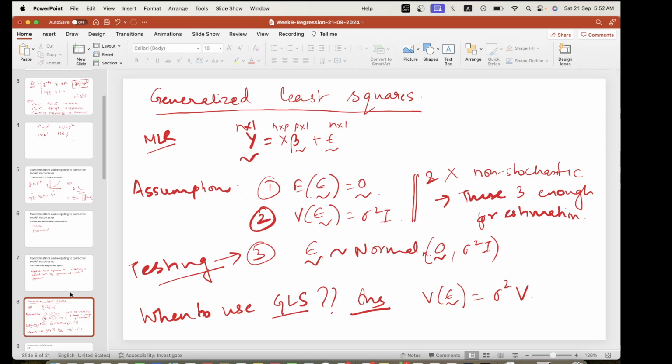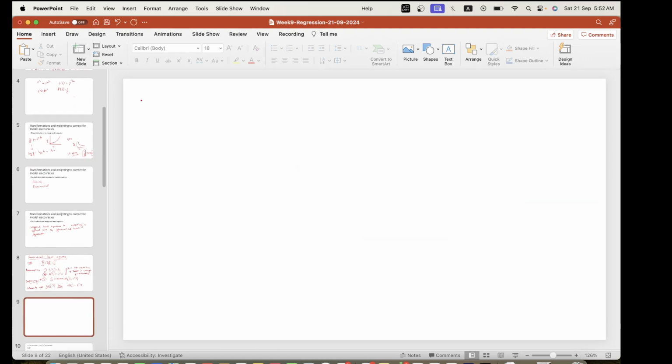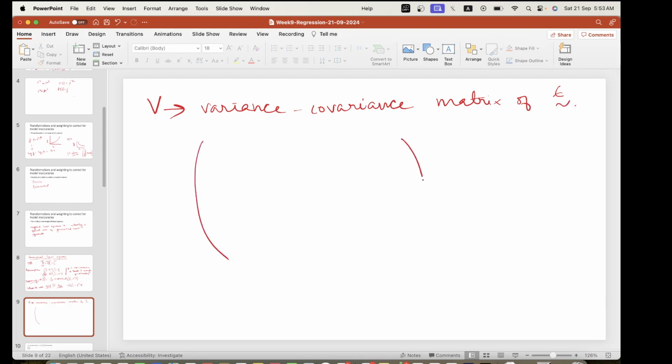V is the variance covariance matrix of epsilons.